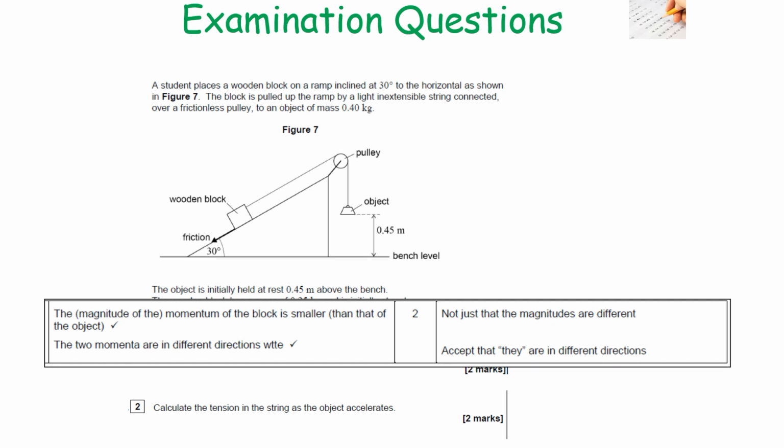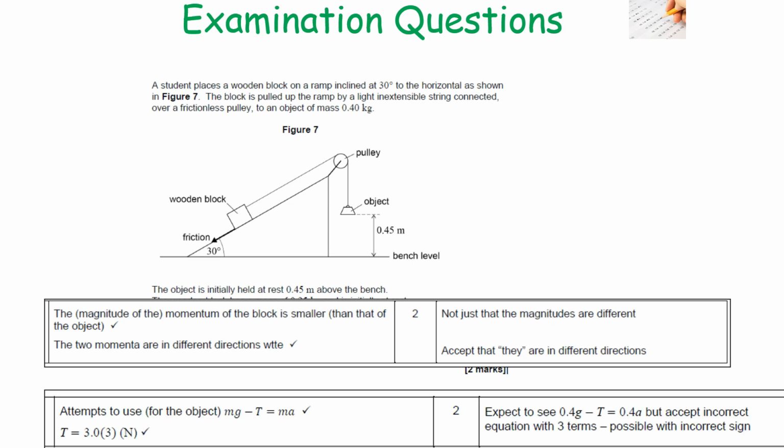Well, we've got our tension acting in the opposite direction, but also it's important to note that in the same direction as the object falling is going to be the weight of the object, because it's already acting downwards. So therefore we can say that T is going to be equal to ma plus mg. When we work that through, we can put our values in and we get the tension to be equal to 3 newtons.